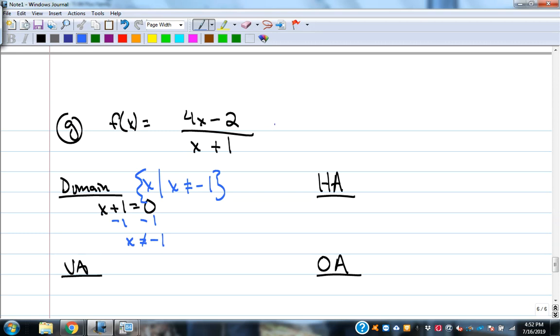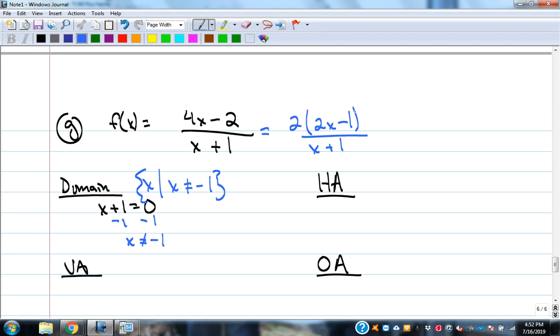Good to know. If I tried to factor this, the top part will factor a little bit. It's got a GCF of 2, and I get 2 times (2x minus 1) over x plus 1. But it doesn't simplify, so it doesn't really help me to factor the numerator there.